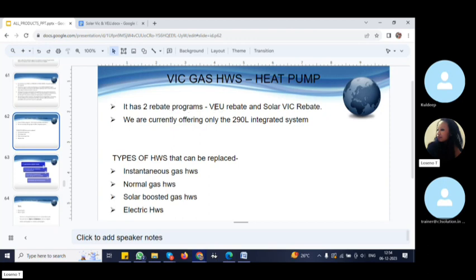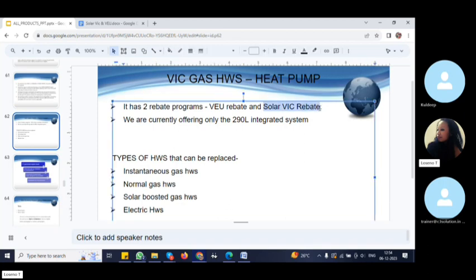One is the Victorian Energy Upgrade Rebate, or VEU, and another type of rebate is the Solar VIC rebate. So your job is to qualify the customer for the Solar VIC rebate as a first priority. If the customer does not meet the requirement, does not qualify for this rebate, we can always qualify the customer with the Victorian Energy Upgrade rebate.